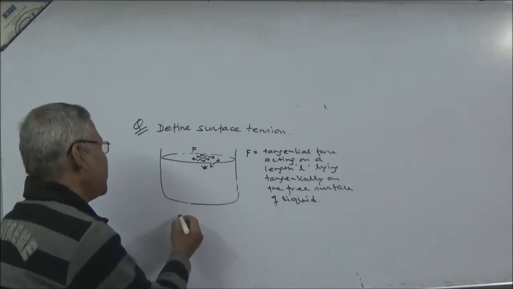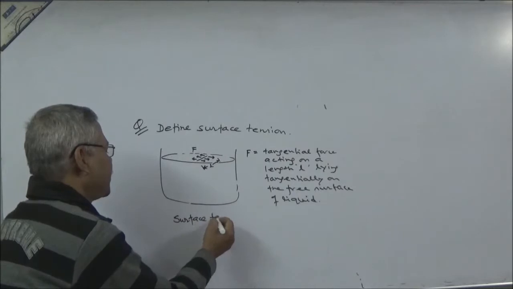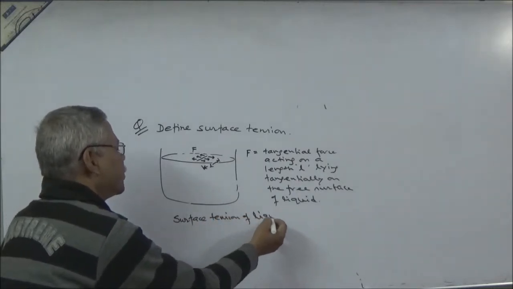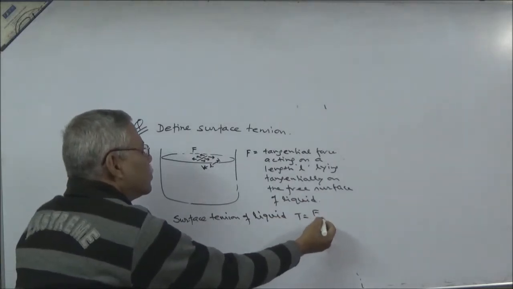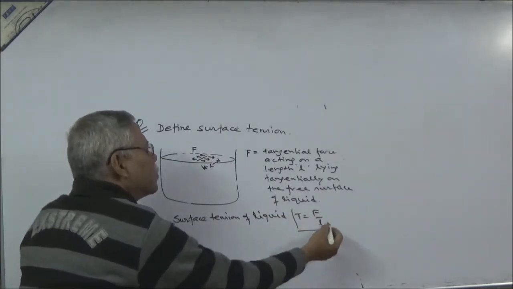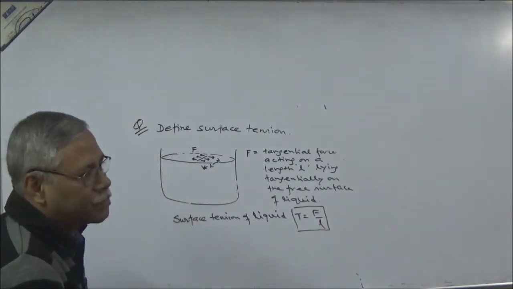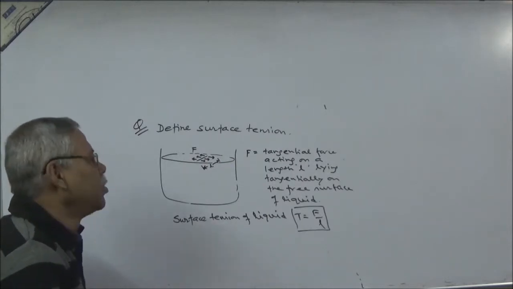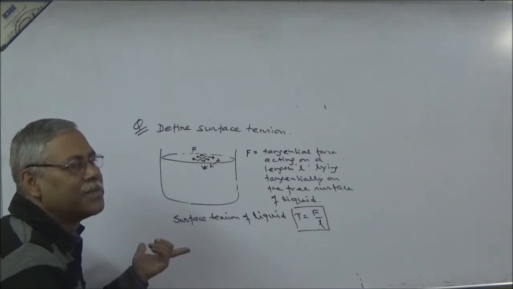Then surface tension of a liquid is defined as follows: on a length L, force F is acting; on unit length, F by L.